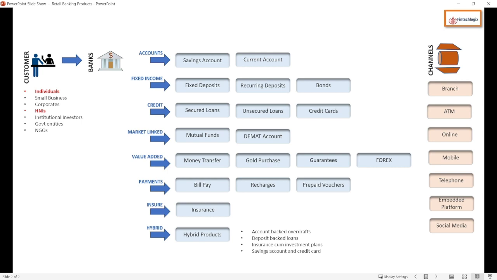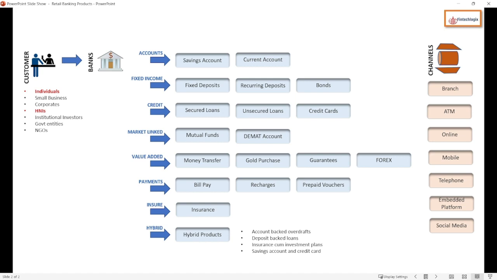There is a lot of modernization actually happening in this space, taking the advantage of PaaS or SaaS, platform as a service or software as a service. In terms of embedded finance, I'll definitely make another detailed video on this topic because this is a very large and extended topic.